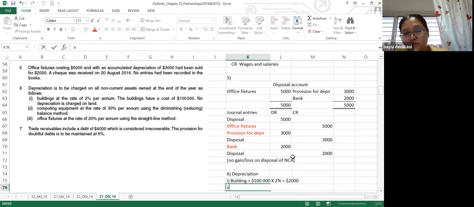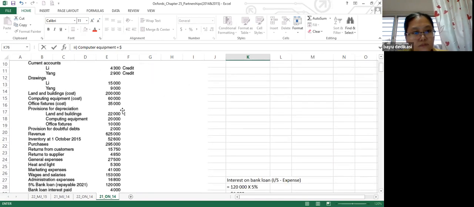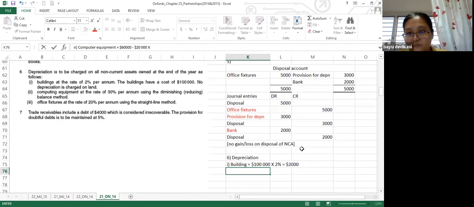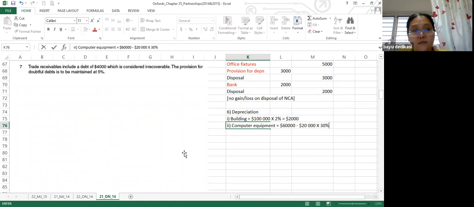And then number 2, we have computer equipment using the diminishing balance method. Same thing, computer equipment, taking your amount 60,000 minus computer 20,000 and then times 30%.